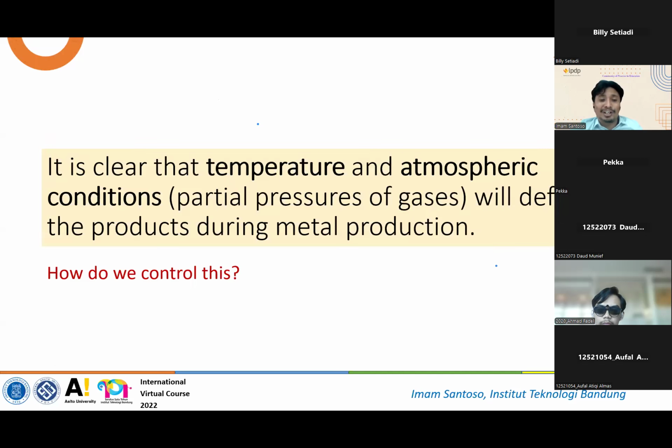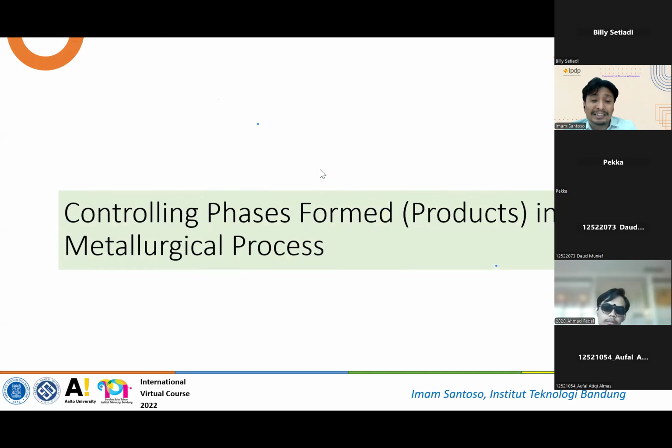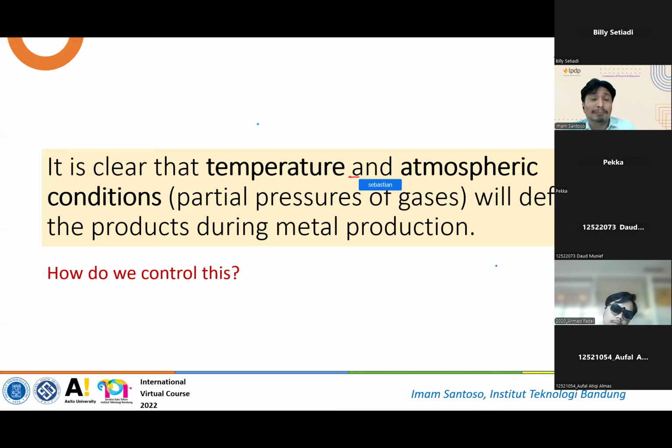Yeah, this is controlling the fast form. The easiest way is controlling the temperature and atmospheric condition. From the lesson that we discussed, from the Ellingham diagram, the Kellogg diagram, the potential diagram, if we control temperature, it means we know the Gibbs energy.